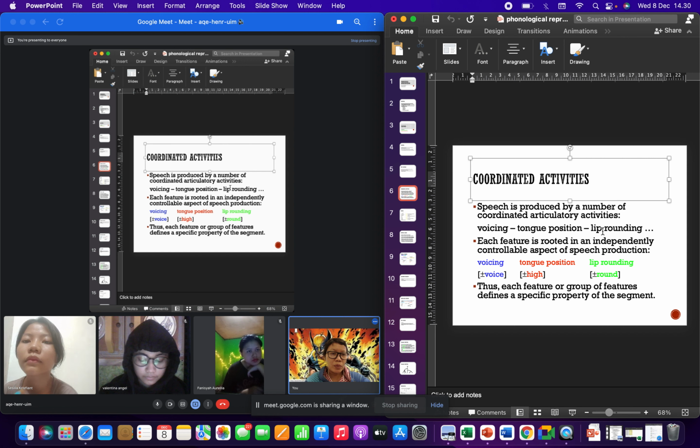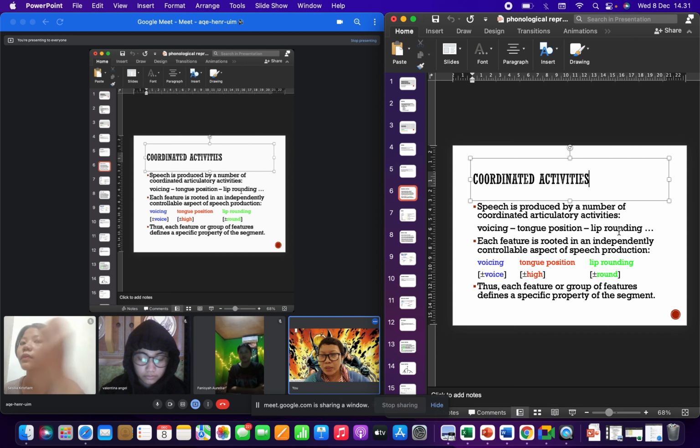We also understand lip rounding. When we produce some vowels, such as the vowel i, our lips are spread, while when we say u, our lips are rounded, and when I say a, our lips are neutral.